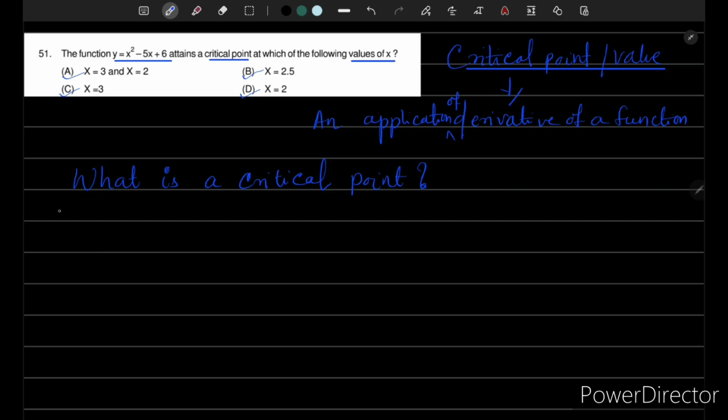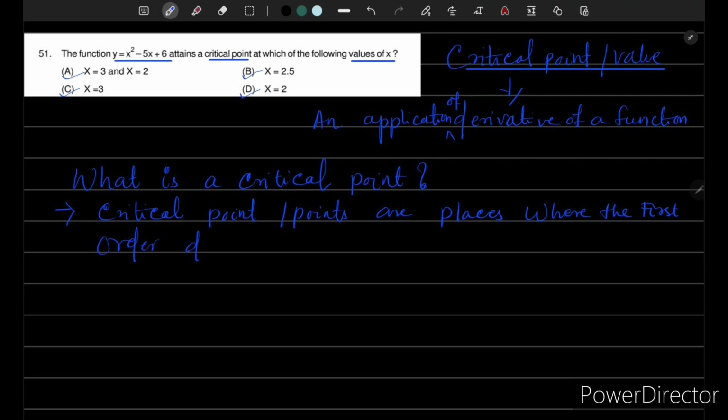So you can write it down: critical points are places where the first order derivative of a function, that can be written as f prime, is equal to 0 or undefined.